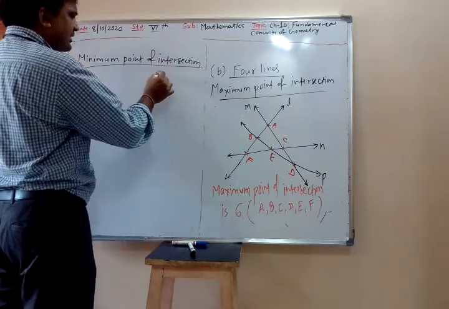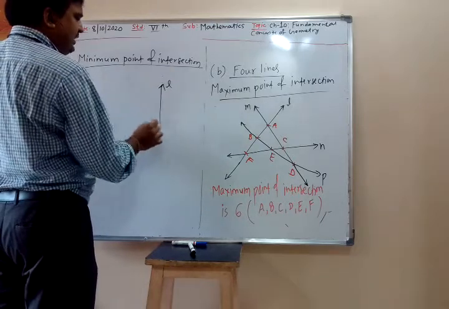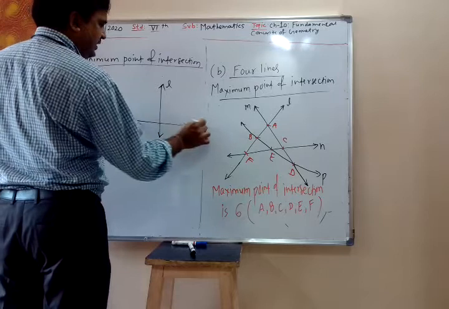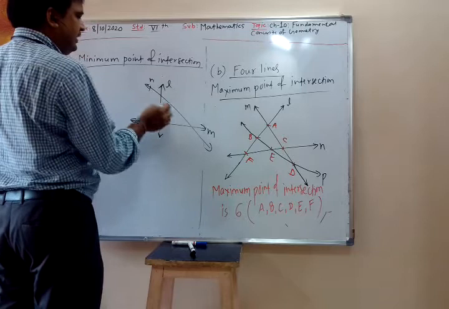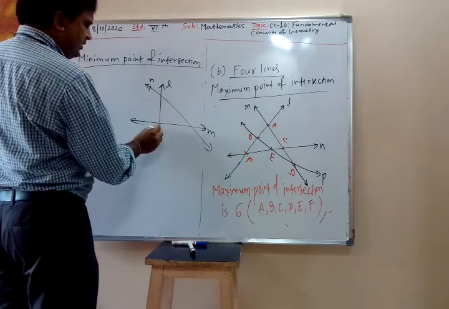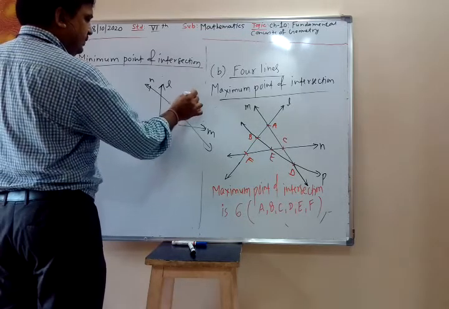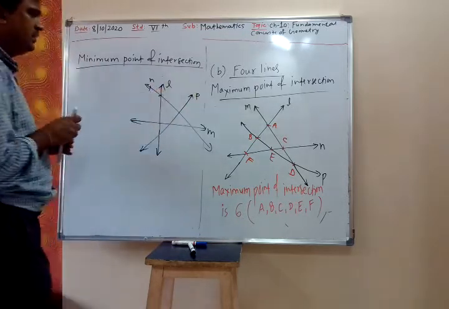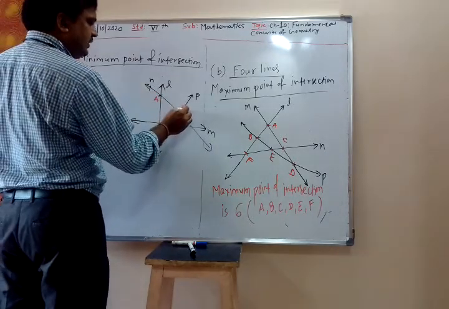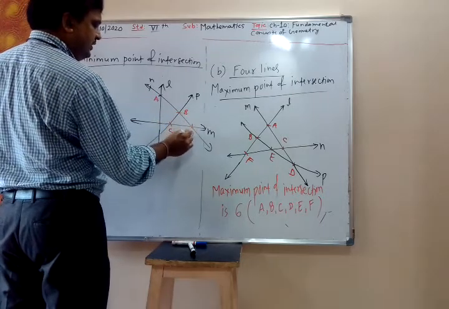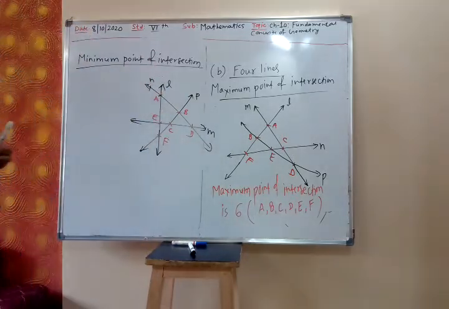This line as L, this line as M, and this line as N. Then you can take one more line, this is my line P. You can take the points A, B, C, D, E, F. No harm, you can take the diagram in any way.